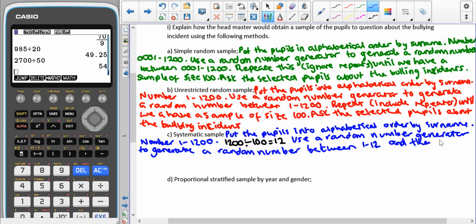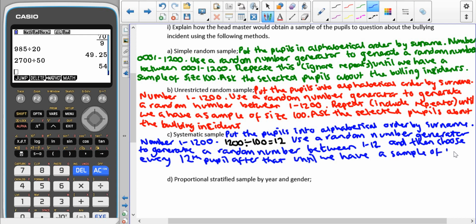And then choose every 12th pupil after that until we have a sample of 100, and then we're going to ask the pupils about the bullying incident.